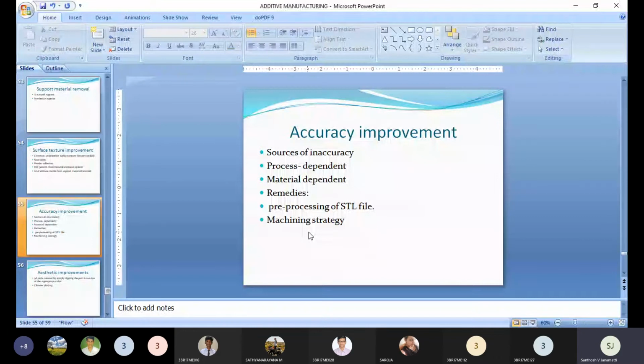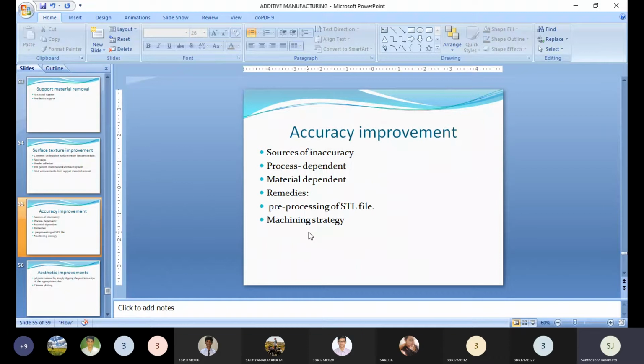At least 5 to 10% inaccuracy we can expect. More than 20% inaccuracy in the 3D product will be rejected. There will be an allowance of 3 to 5% inaccuracy in the 3D product. No problem, we can rectify it in the post processing.